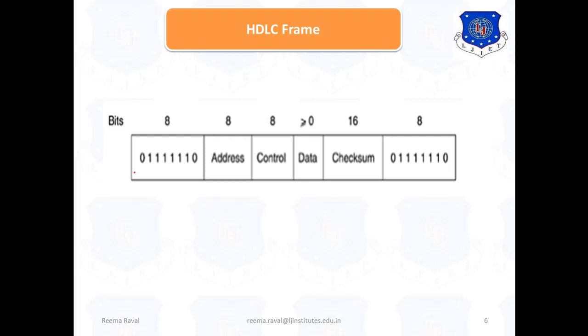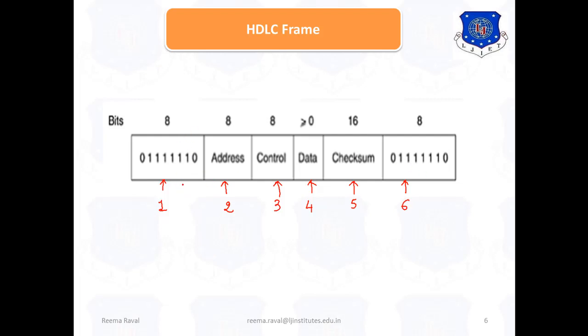The first field is the flag field of 8 bits, the second is the address field of 8 bits, the third is the control field of 8 bits, the fourth is the data field, the fifth is the checksum field, and the sixth is again the flag field. The divisions of the frames are called fields.